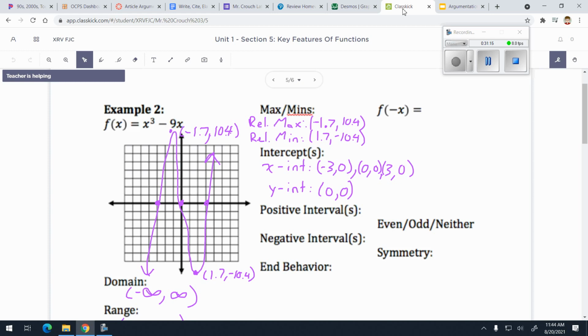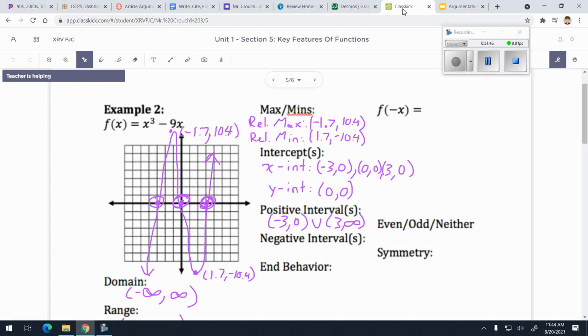So positive intervals start here and stop here. That's from negative 3 to 0. And then they pick up here and go on forever. So that would be from 3 to infinity. And again, that's in union with, which we talked about in the last one, because there's two things.